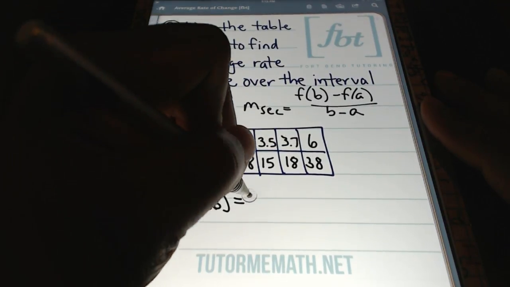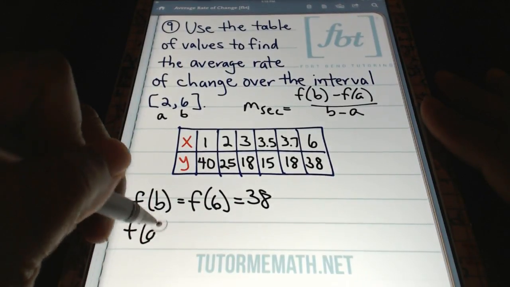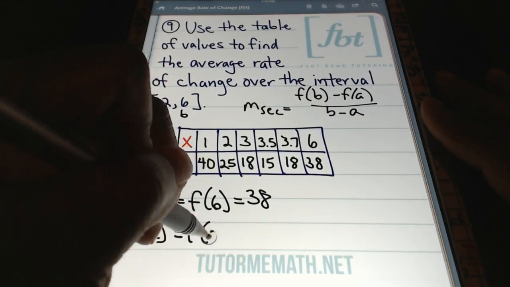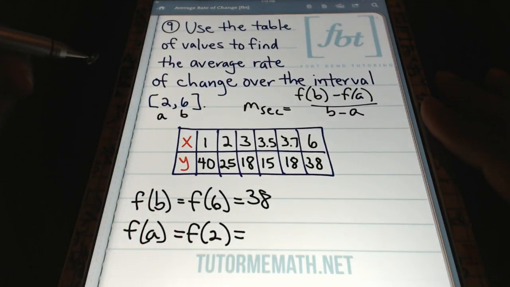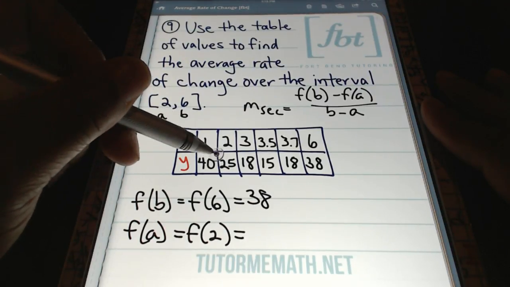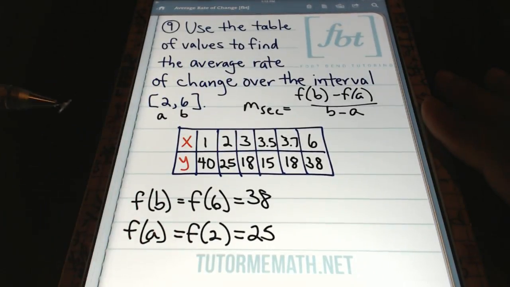So we end up with a result of 38 for f of b. Then to find out what our f of a value is, that means that we'll be plugging in 2 for x and finding out what the y value is. So according to our table, when x is 2, the result is 25.